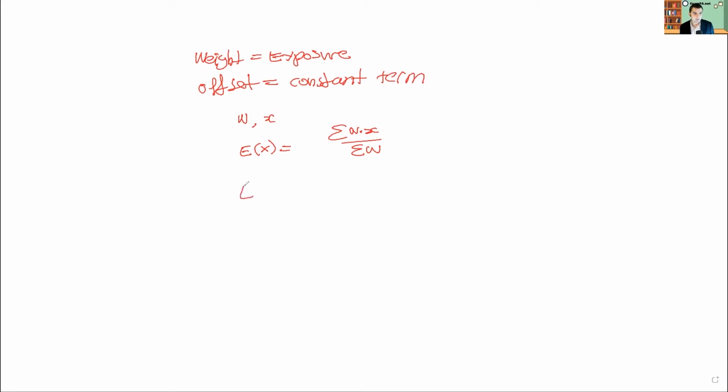So the expected value of Y, which is your model, is beta 0 plus beta 1 X1, which in model matrix terms is just X times beta. Well, if you add weights, then you have an X times W times beta. So it means that different observations get weighted differently.